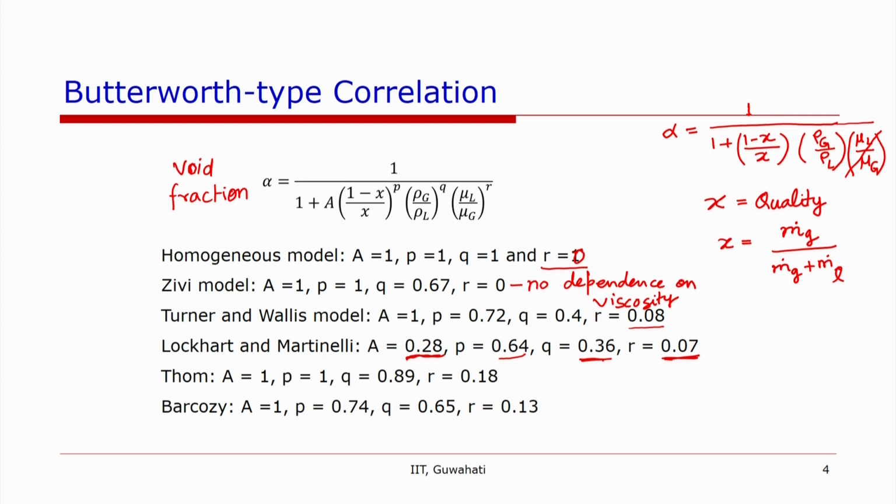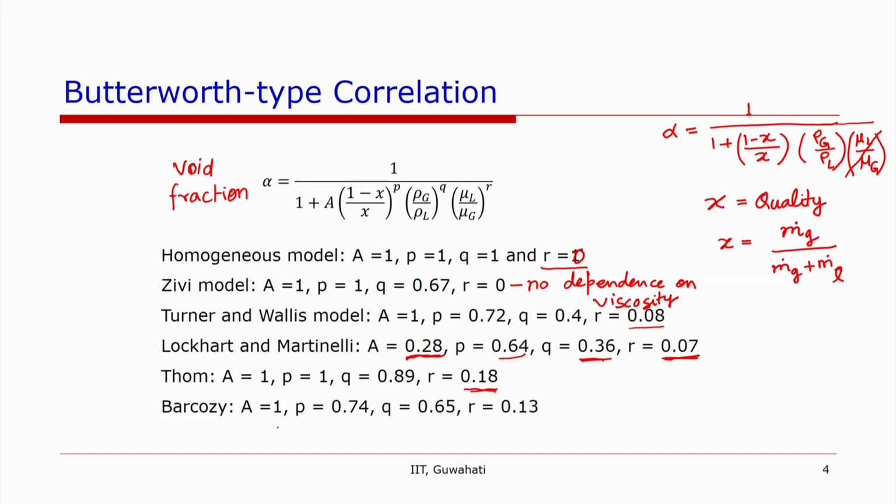So if you look at these correlation, both of them have the value of P about 0.7. Then Thom's correlation, P is equal to 1 and Q is equal to 0.89, R is equal to 0.18. So slightly stronger function of viscosity ratios.